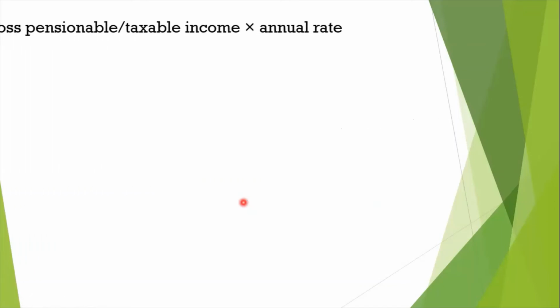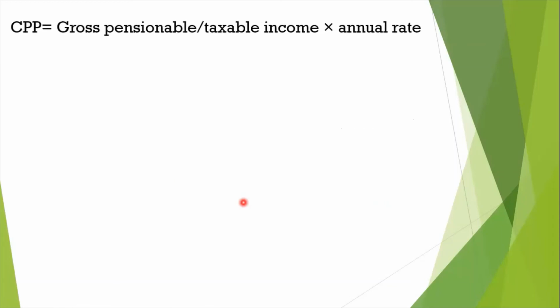Now for the CPP, you take the gross pensionable or taxable income times the annual rate. In this case, we are not going to apply the exemption, and that's what makes the difference. If the overtime is paid together with your regular payment, then you add it together and subtract the exemption before you apply the annual rate. But here that amount of 843.43 is being paid on a separate paycheck, so you do not need to subtract the basic exemption.